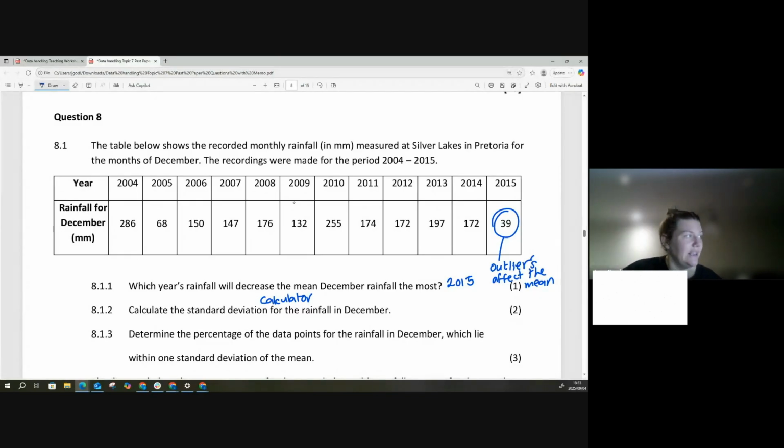You can just put in the values, and that's absolutely fine. Nice, Kimberly, I agree.